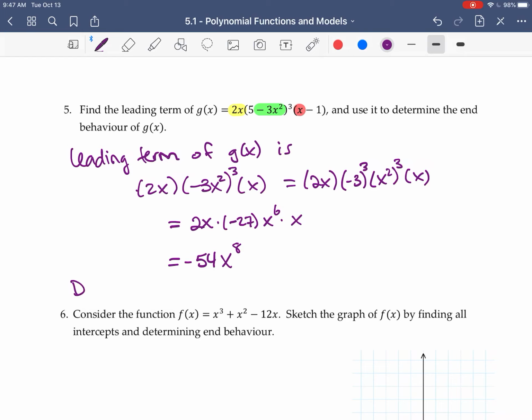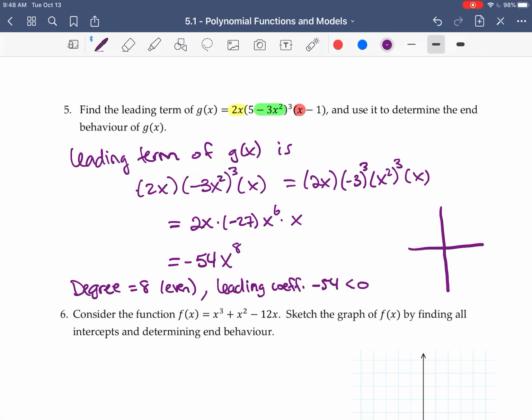So that means it has degree equal to 8, so even degree, and a leading coefficient of negative 54, which is obviously less than 0. So the end behavior for an even degree with a negative coefficient is going to go down and down, like that. That's how we determine that.